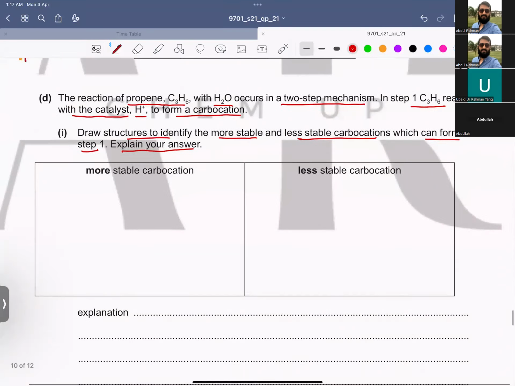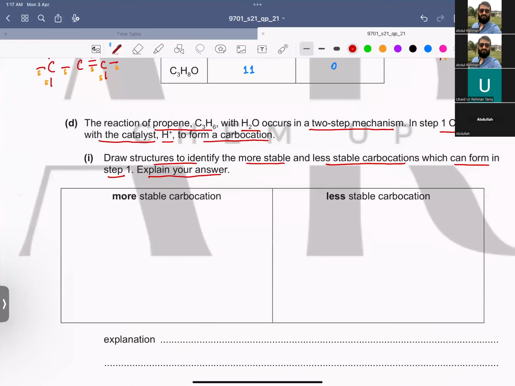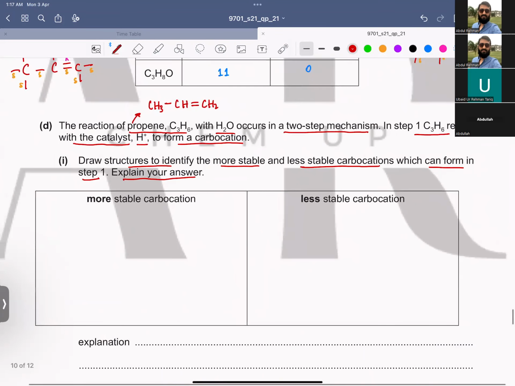So see, let me remind you again. Propene is CH3, CH double bond CH2. So there are two possibilities of carbocation.